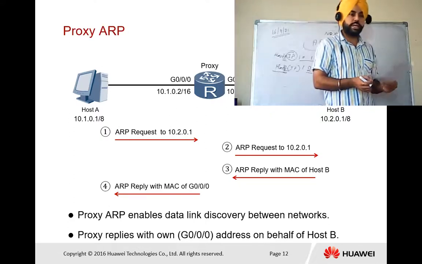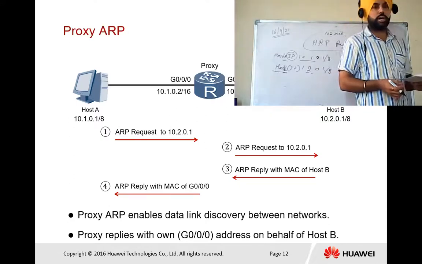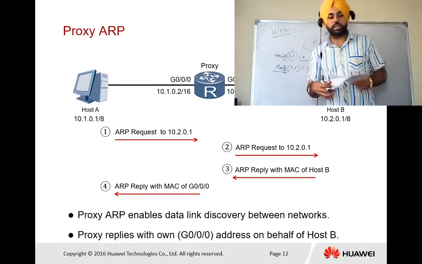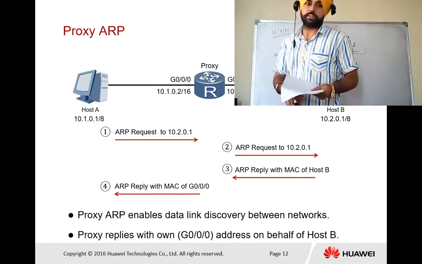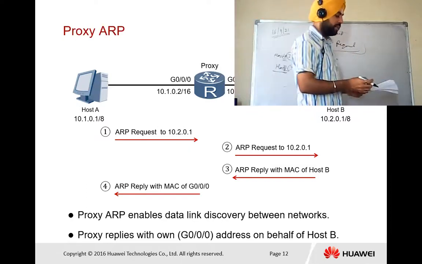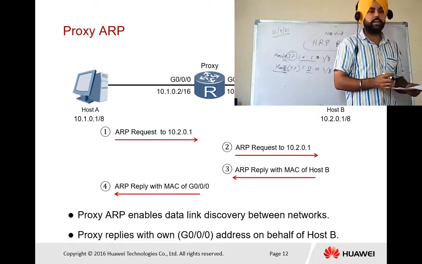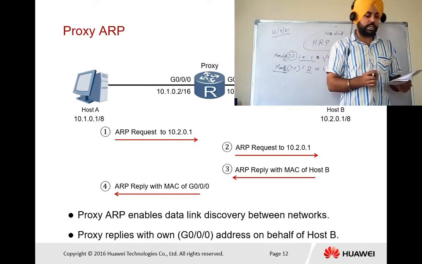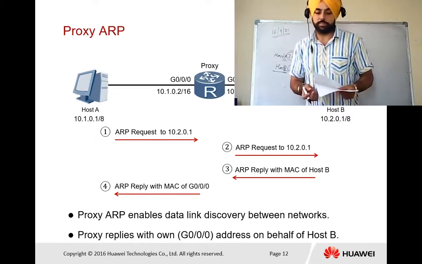So when host A generates a broadcast request, the router immediately discards the request and doesn't forward any broadcast request to any host. This is the default behavior of the router.